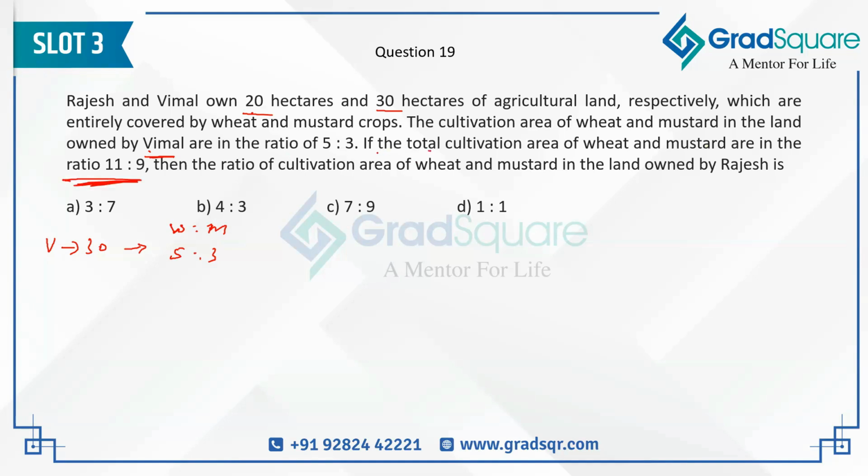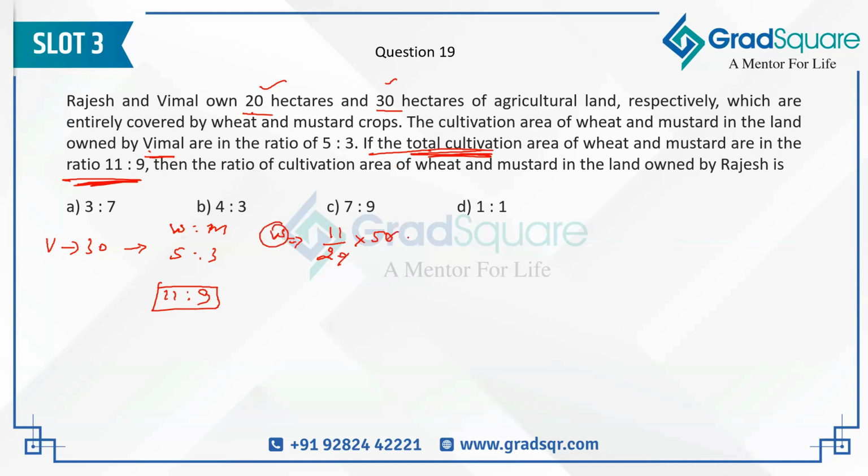Now, the important thing to understand is, what was the total cultivation area? 50, right? Out of that 50, they are saying that the wheat to mustard ratio is 11 is to 9, which then gives me very clearly the total wheat area and the total mustard area. 11 by 20 of 50 units will be my wheat area, the total wheat area I'm talking about.